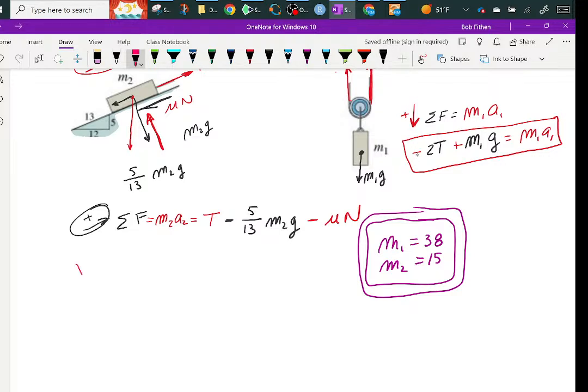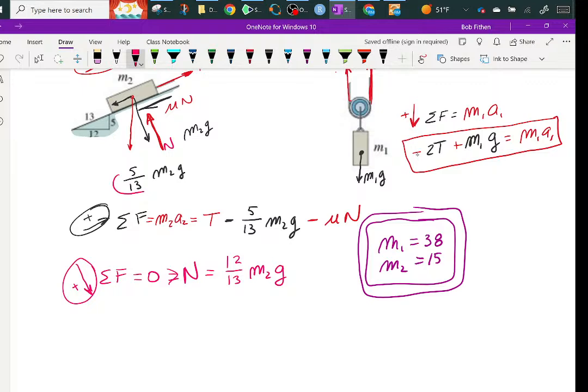So what I've got to do is sum the forces in this direction vertically. It's not accelerating onto or off of the board, so what I've got is a normal, which is this one. And that's going to just say the normal is equal to 12/13 of M2G.